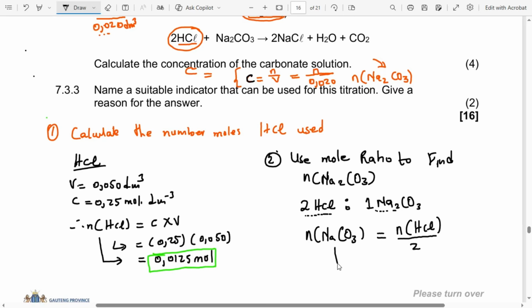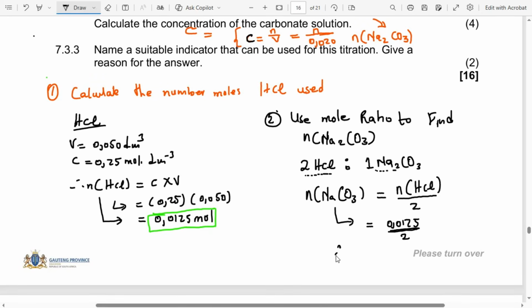That will be the number of moles, which is 0.0125. That's what we just calculated. Divide that by 2. The answer that you get will be the number of moles of that Na2CO3.